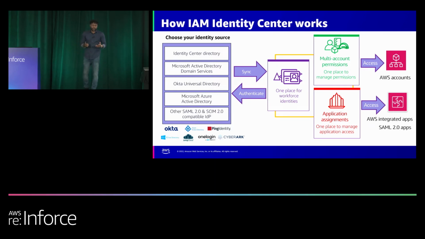You can use the built-in Identity Center directory, which is very convenient. You could use Microsoft AD, which many companies actually already have set up. So it's very convenient to kind of just use what you already have. And you can also use any external IdP that supports both SAML 2.0 and SCIM 2.0.